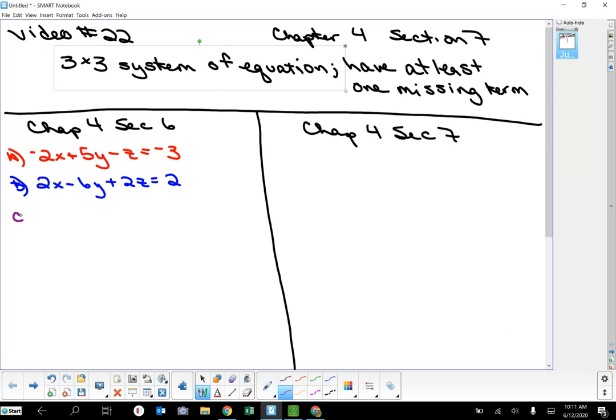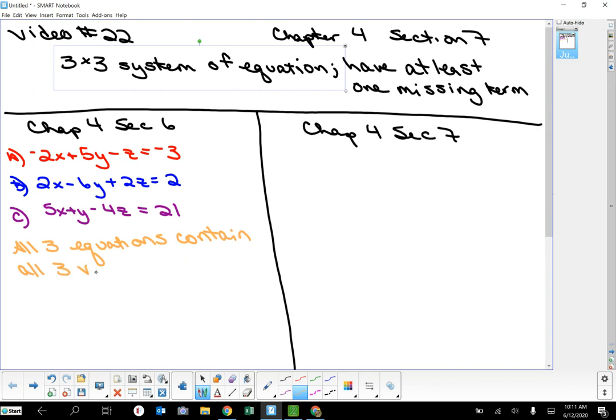And equation C was 5x plus y minus 4z equals 21. This was actually the last example in that video. And the big thing here that I want you to note is that all three equations contain all three variable terms.